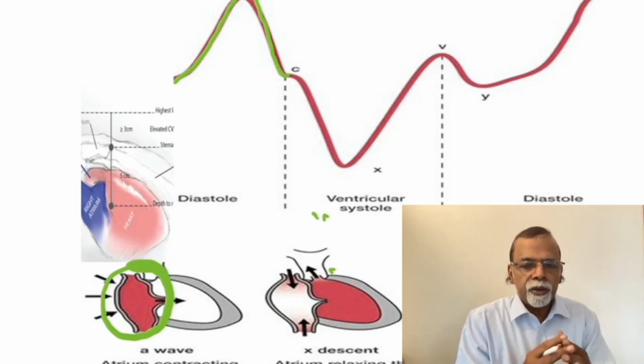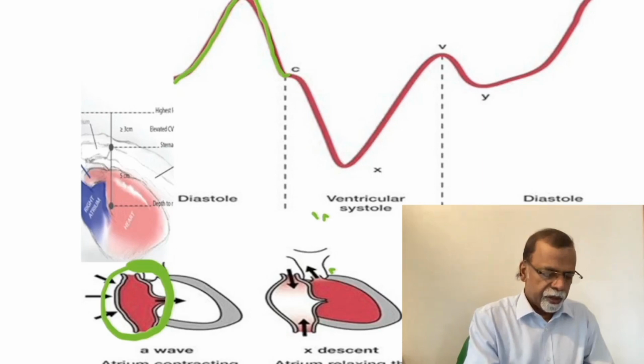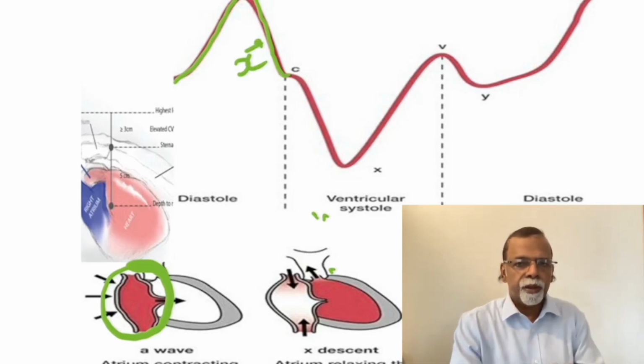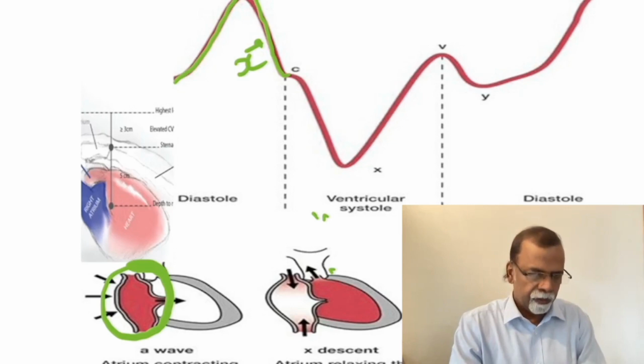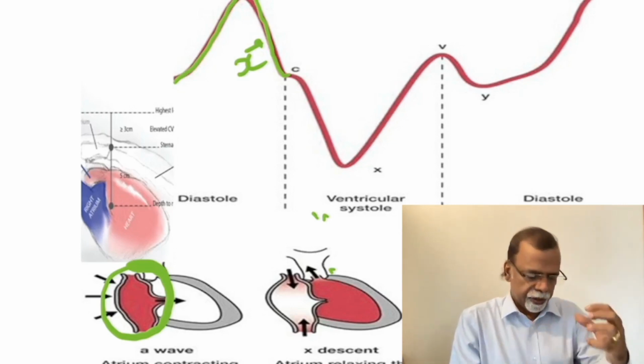Immediately the atria goes into relaxation, and this produces a sharp descent, that is the X descent. That is, the pressure in the right atrium comes down, this leads on to the X descent. Once atrial contraction is over, the ventricle starts contracting.